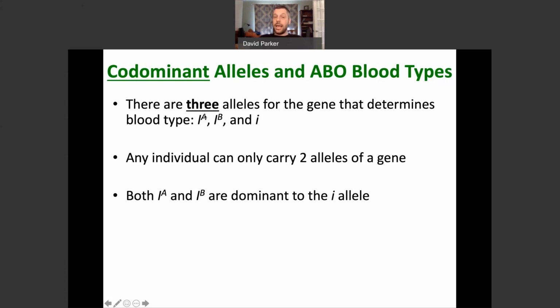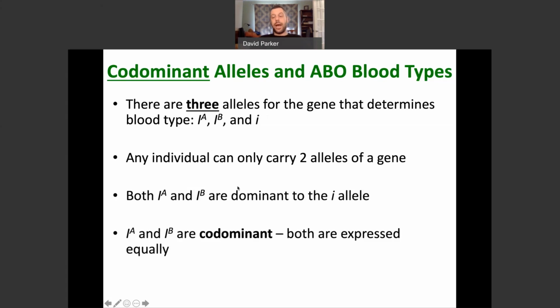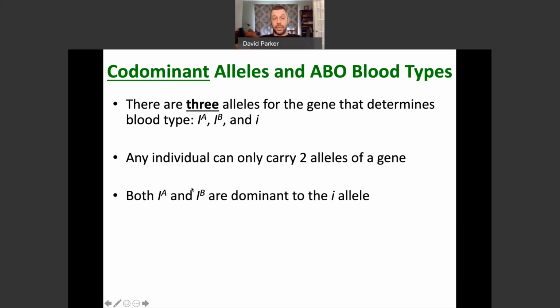These guys, I^A and I^B, are both capital I, and that means that they are both dominant over this little i. So both I^A and I^B are dominant to the i allele. What does that mean? If you have either of these and an i allele, then whichever one you have will be dominant over the i allele.